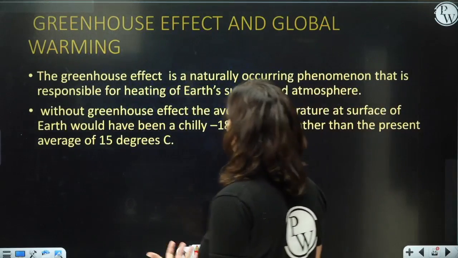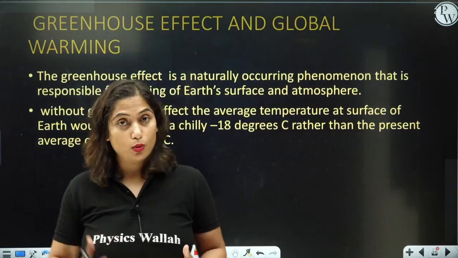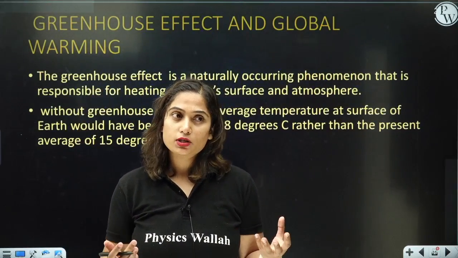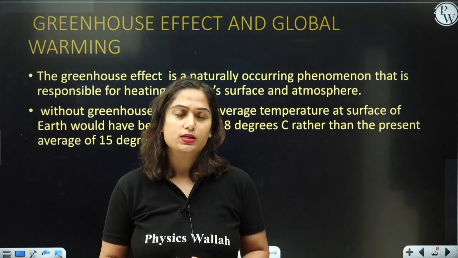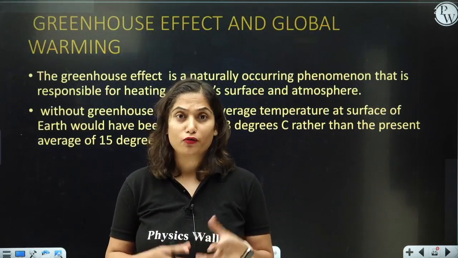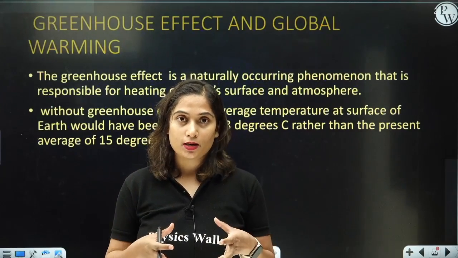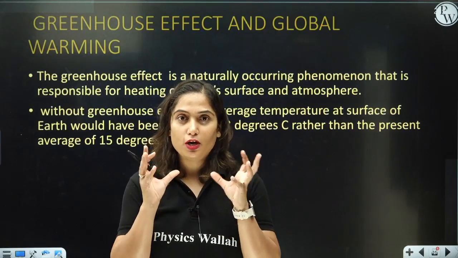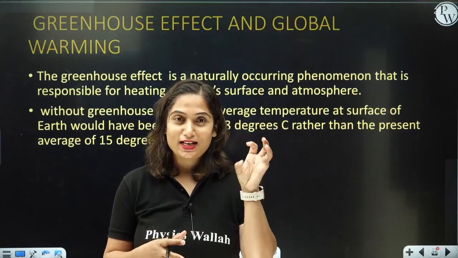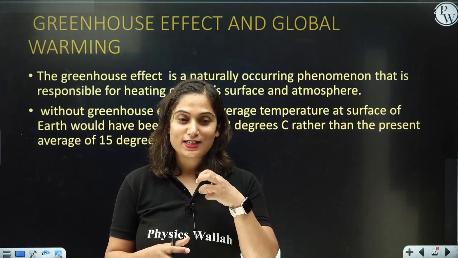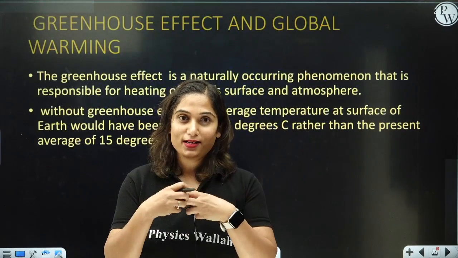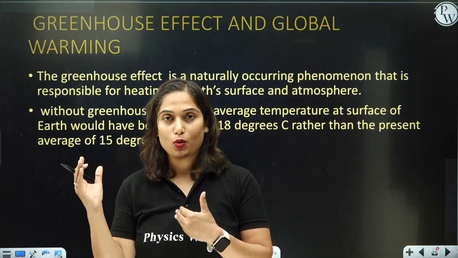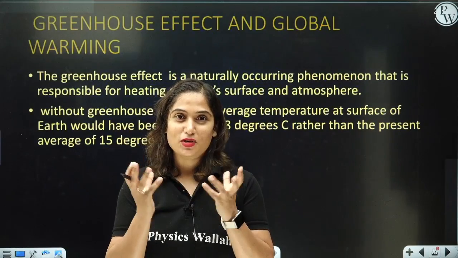Now let's understand the greenhouse effect and global warming. What is the greenhouse effect and what is global warming? To make you understand the greenhouse effect, we can take the example of a car. If you're sitting inside a car in sunlight, then after a point of time, you will feel very hot inside the car, because the sunlight entering the car is getting trapped, as the glasses do not allow that sunlight to go out, and that is causing the heat inside the car.